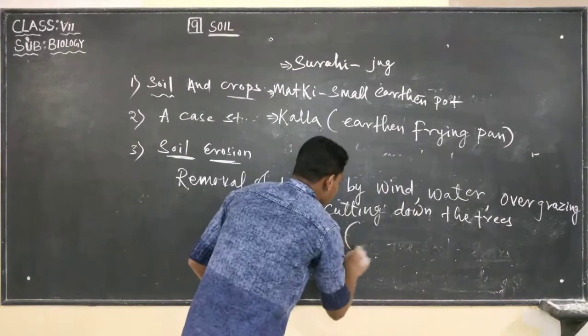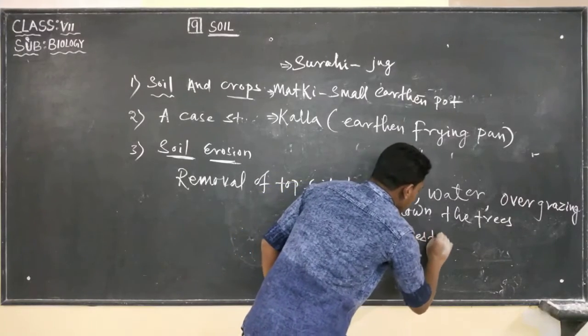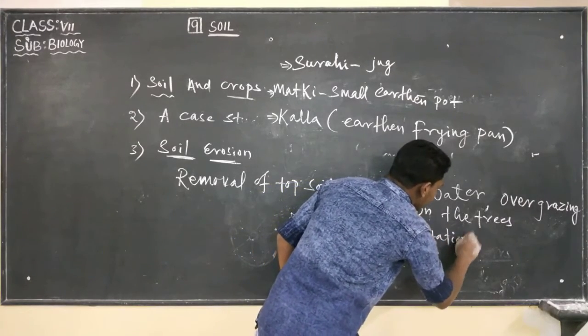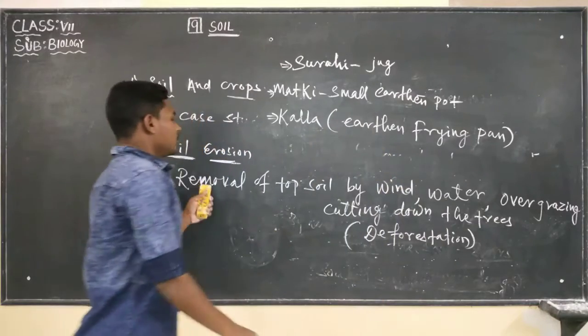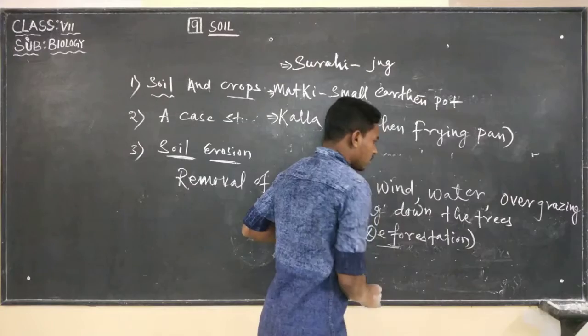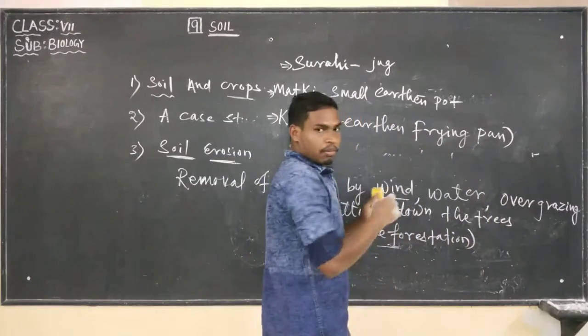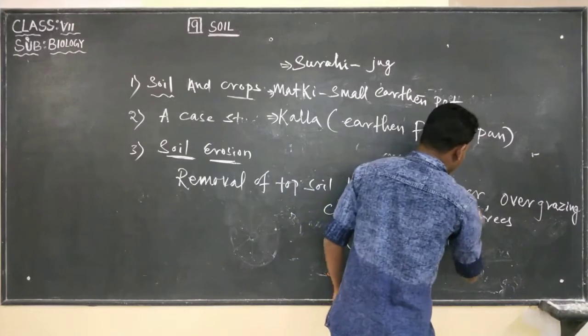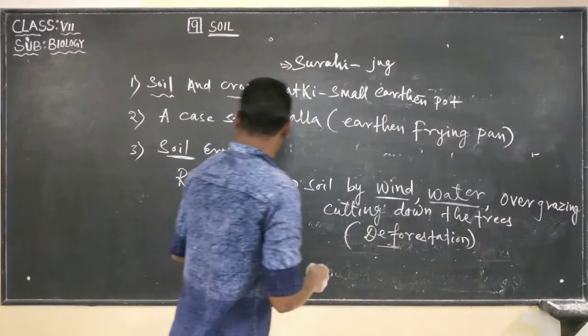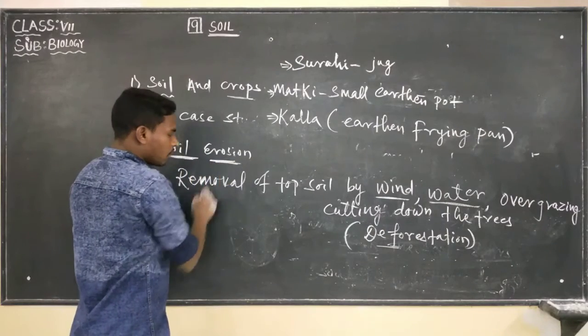In simple terms, we can also call it deforestation. So soil can be removed by these methods, deforestation or overgrazing. It may be removed by the flow of wind, it may be removed by the water current. Okay, so the removal of topsoil is known as soil erosion.